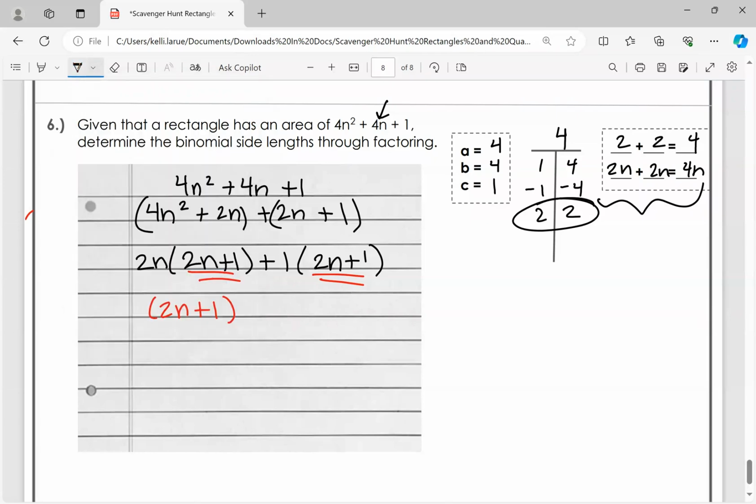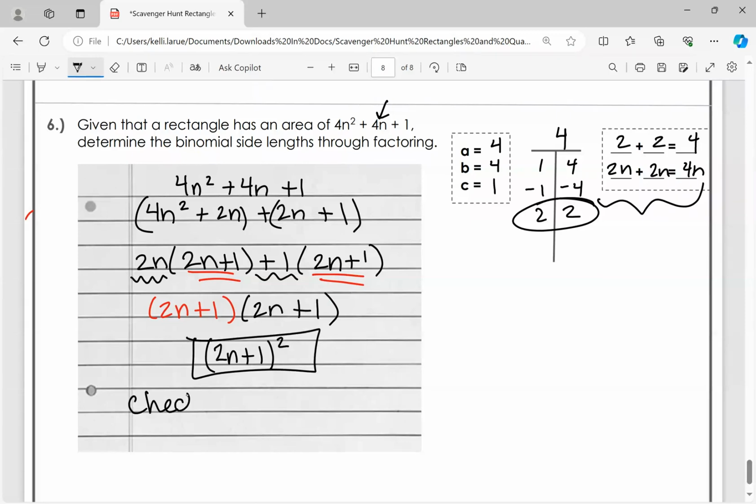And when I factor out that common group, it leaves me with 2n plus 1. And at this point, some of you on the scavenger hunt day were a little concerned because you had something times itself. How do you simplify it? You know, anything times itself is that thing squared. So we're going to have 2n plus 1 squared. Okay, so that is our answer.